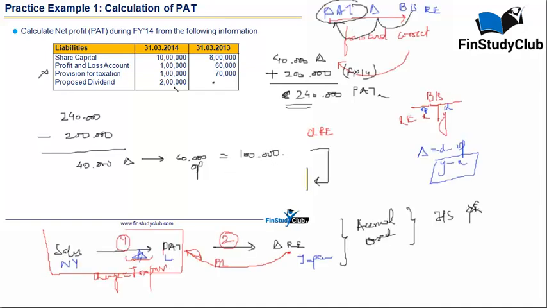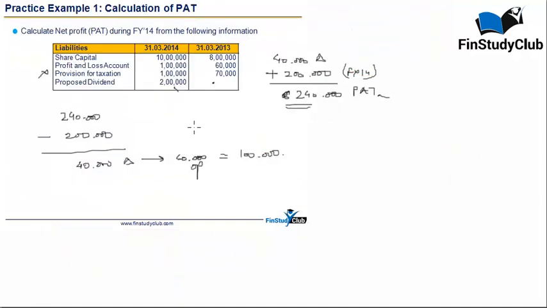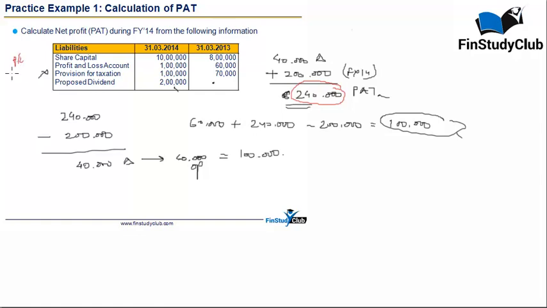I can also write the second equation as: your opening balance 60,000 plus PAT 240 minus dividend proposed is equal to the closing balance. The focus here was to arrive at the value of PAT when it is not given. Ideally I wanted the P&L or income statement, but I was given excerpts of the balance sheet and I have been able to calculate my PAT from here.